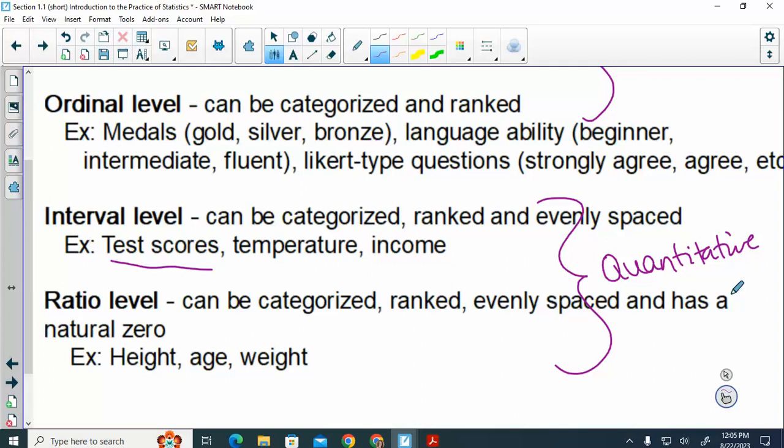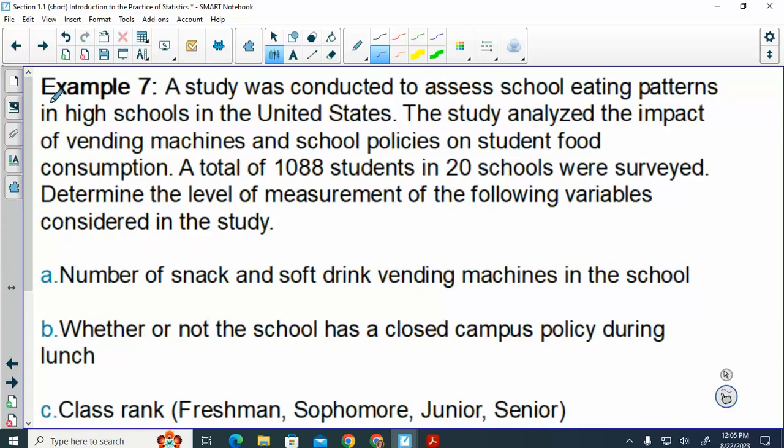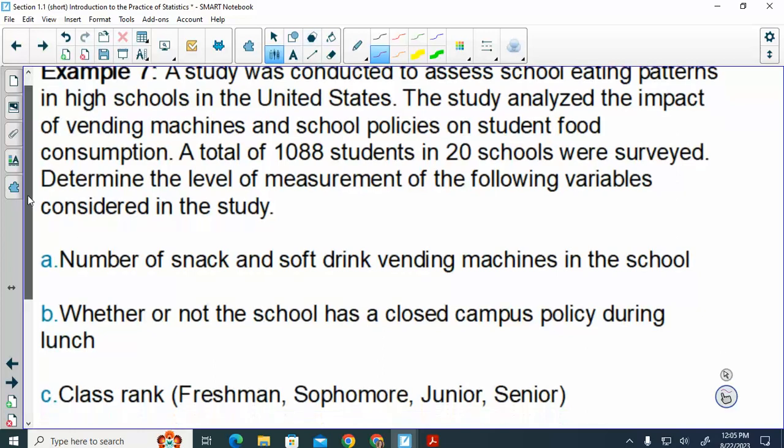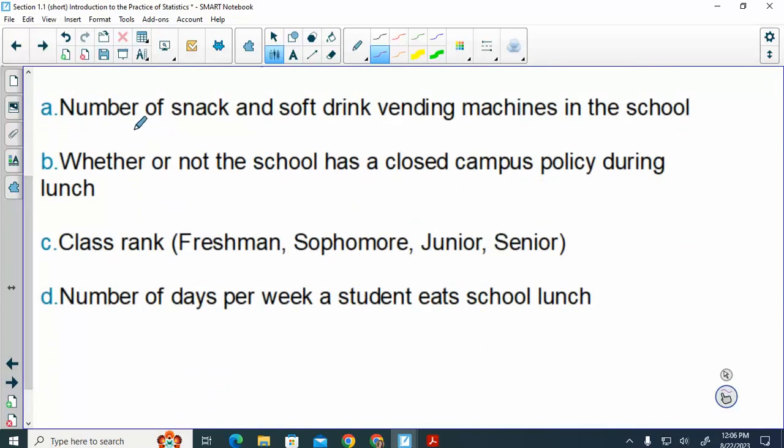All right. Let's look at this example. A study was conducted to assess school eating patterns in high schools in the U.S. Blah, blah, blah. So I just want to know the level of measurement. The number of snack and soft drink vending machines in the school. Everything starts at nominal. We can categorize it. Okay, ordinal.